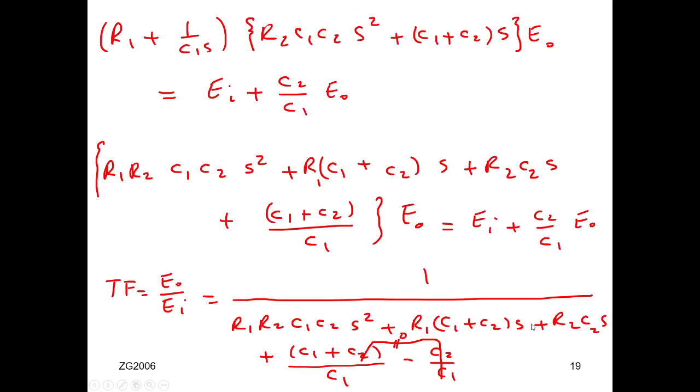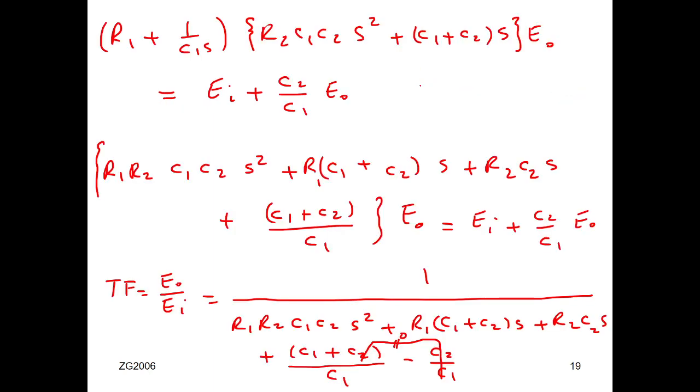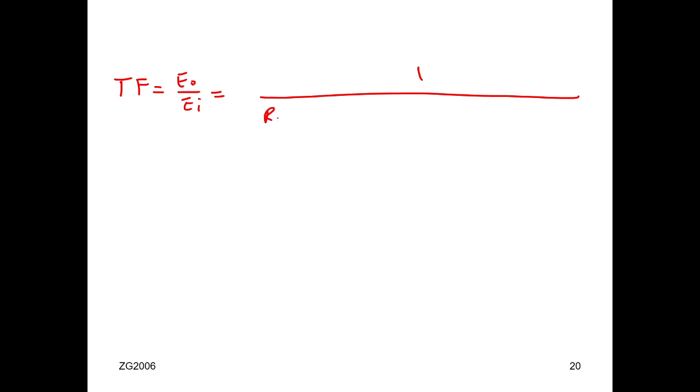Then this will cancel with this, and you're left with what? Let me write it again here. Transfer function we're looking for. One over R1, R2, C1, C2 S squared plus.